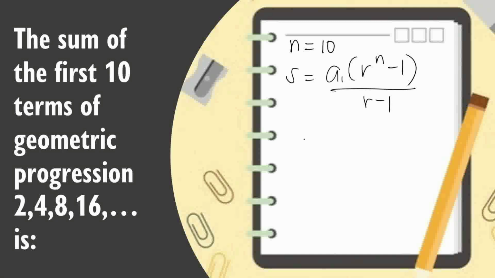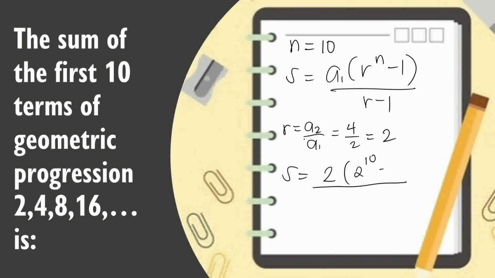So, r natin, yung common ratio, so, number over previous number. So, halimbawa is 4 over 2 is equal to 2. And then, direct sub lang. A sub 1 natin is 2. Then, r is 2 ulit, raised to n, which is 10 minus 1, over r, so 2 minus 1. So, sum is 2046.